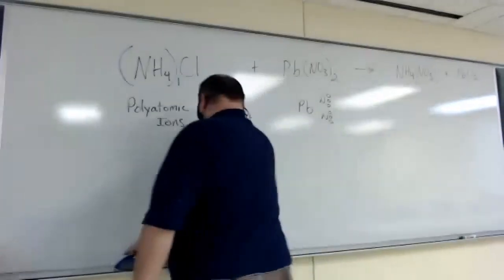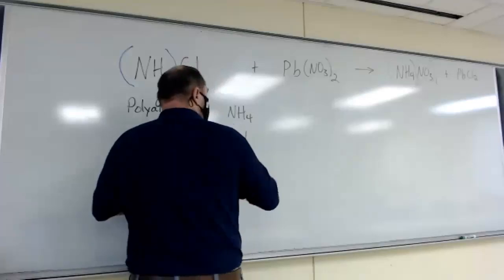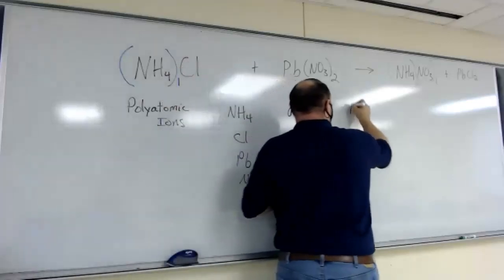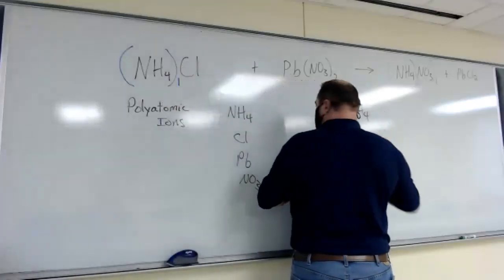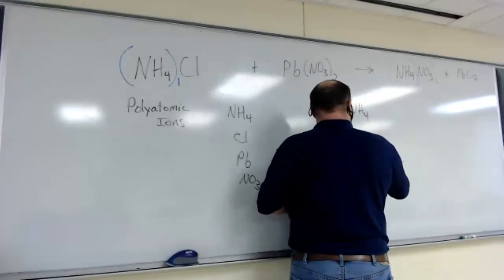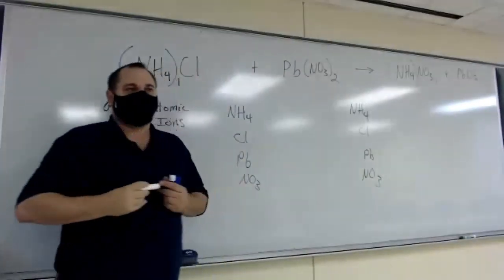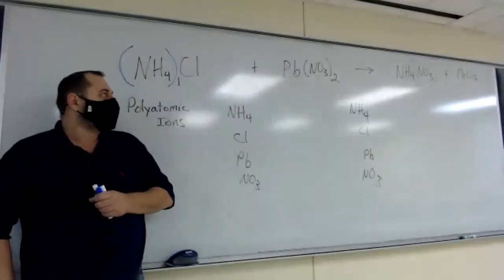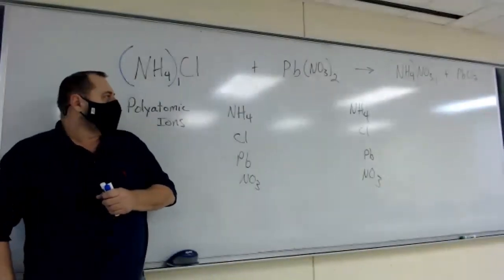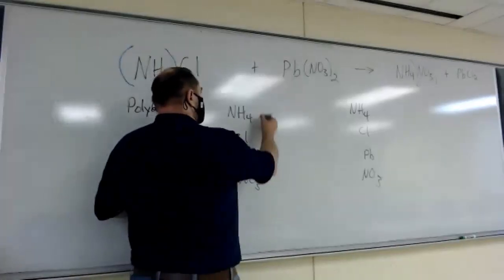And that's kind of the key here, is those parentheses. When I do this side, I'll have an NH4, NO3 down here. So when I do this NH4, I don't have 4 of them, I have 1.